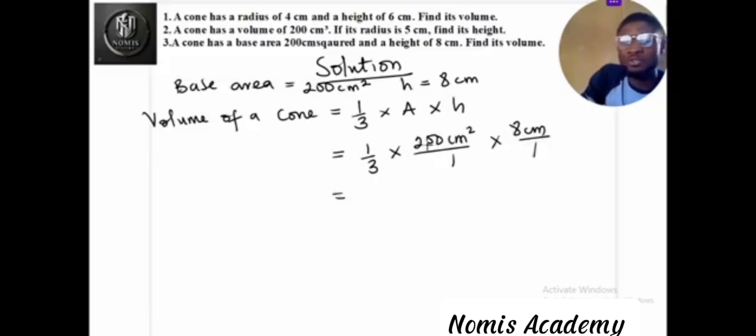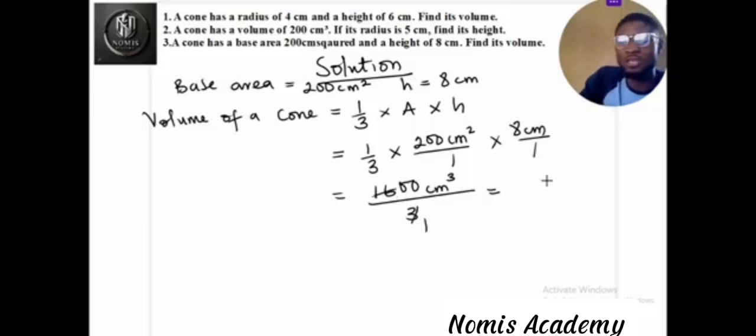So I have 200 multiplied by 8, that is 1600 centimeter cube. Centimeter squared multiplied by centimeter gives centimeter cube. Now all divided by 3. So let's get that division.